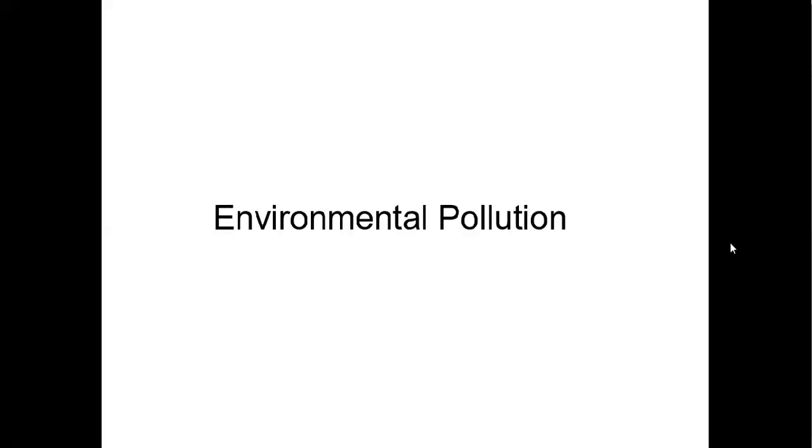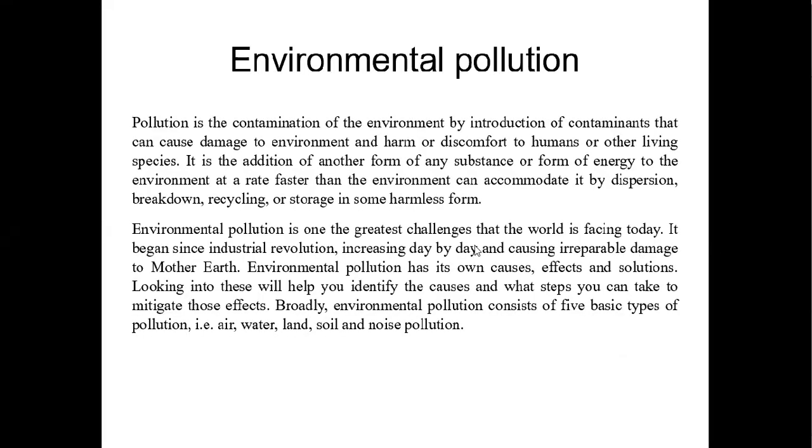What is environmental pollution? If any kind of unwanted substances enter into the environment, it creates environmental pollution. Pollution is the contamination of environment by introduction of contaminants that can cause damage to the environment and harm or discomfort to human or other living species. Environmental pollution is one of the greatest challenges that the world is facing today.